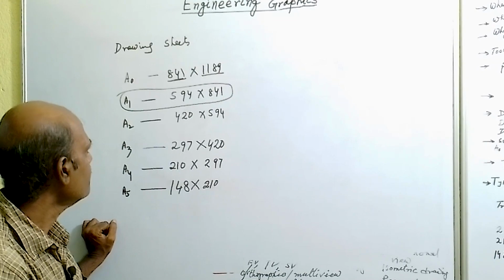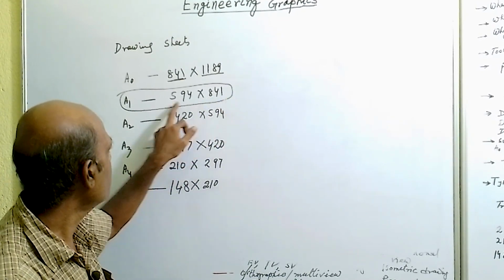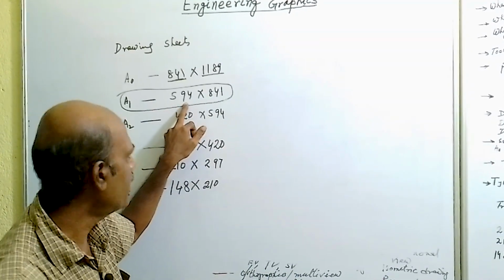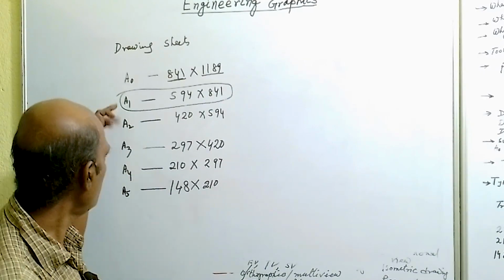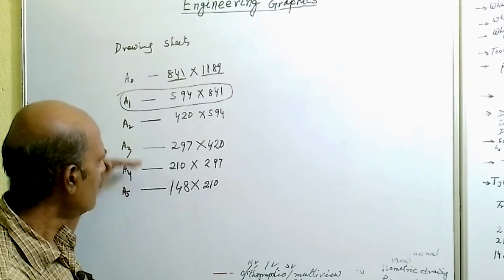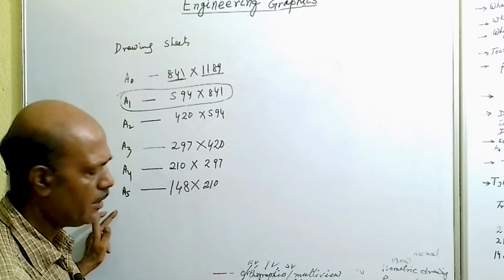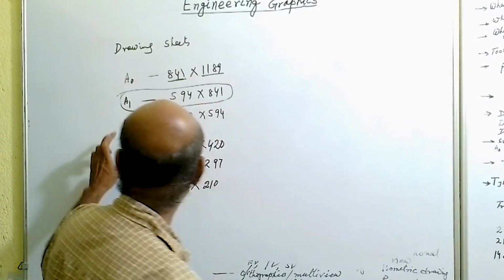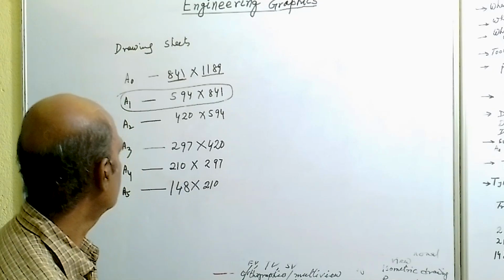Smaller size drawings can be drawn on a small size paper. That's why there are various sizes of paper as per the standard.